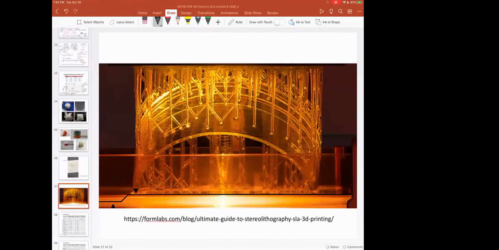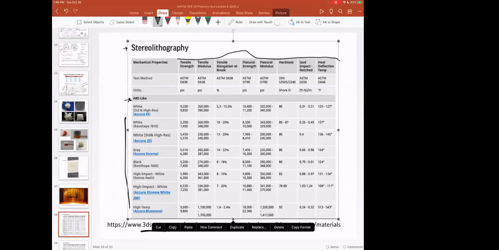There are a lot of guides out there to help you select different stereolithography resins, and those guides in general are based on properties. When you look at slide 28 in this SLA Lec 8, you can see that a lot of the SLA resins, in this case the ones 3D Systems sells, have the tensile moduli, flexural strength, hardnesses, impact, and heat deflection temperature all listed, and they try to give you an idea based on the resin name what some of the properties are.